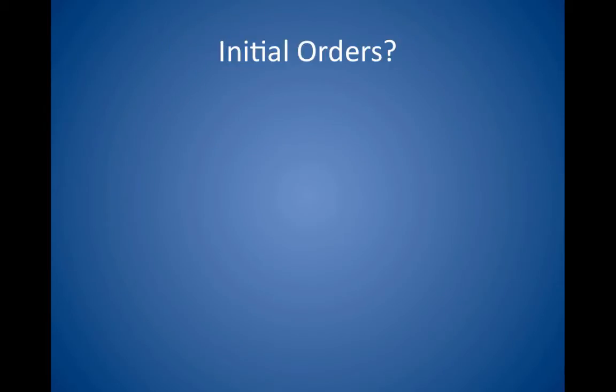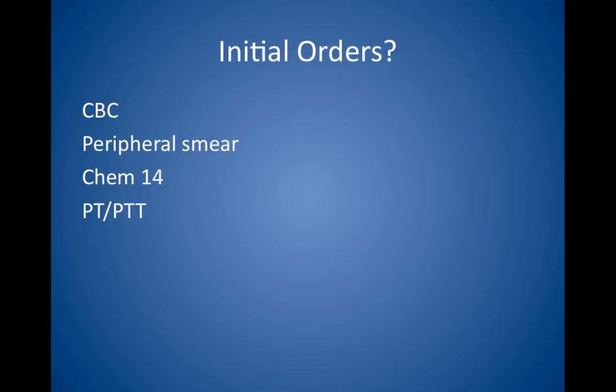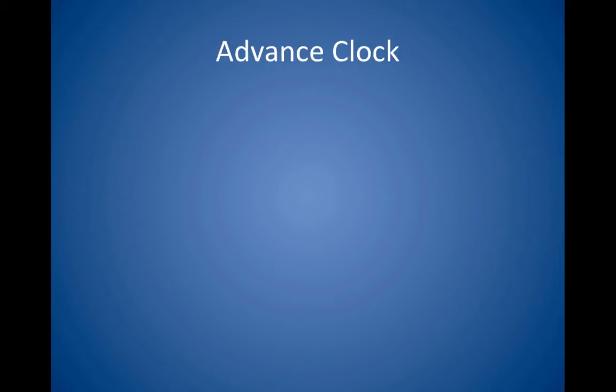What are your initial orders in this case? Initial orders should include CBC, peripheral smear, Chem 14, PT, and PTT. Advance the clock, and the test results that come back include a platelet count of 28,000 with all other studies within normal limits.